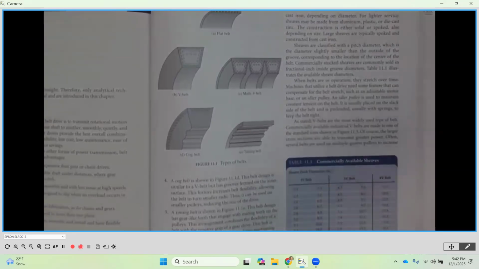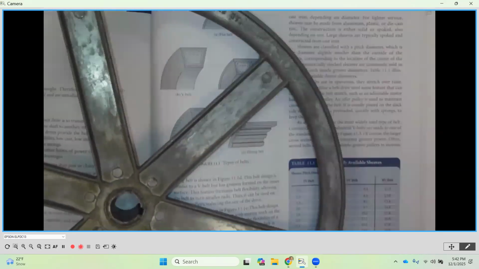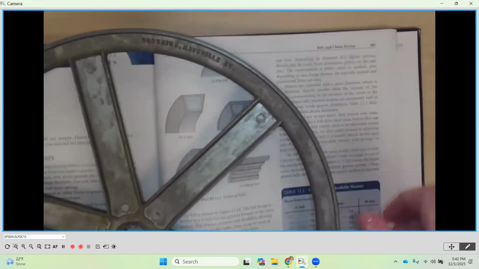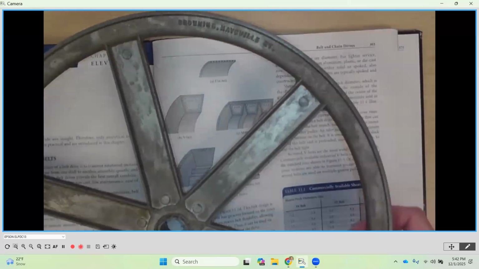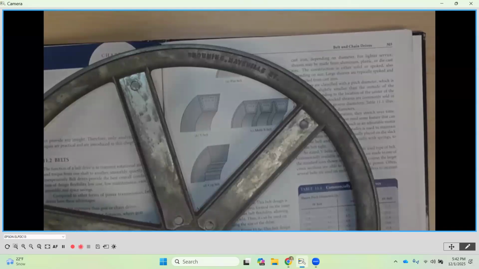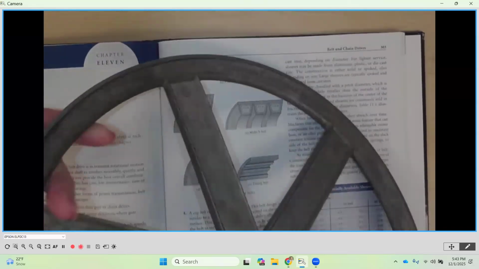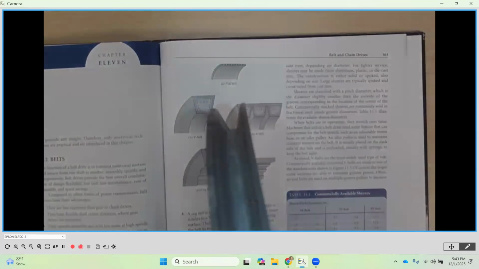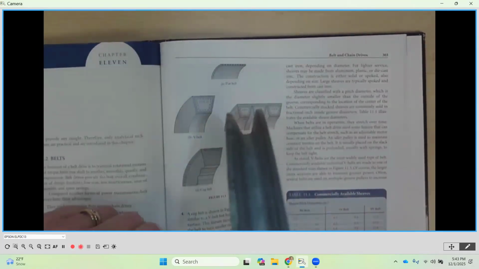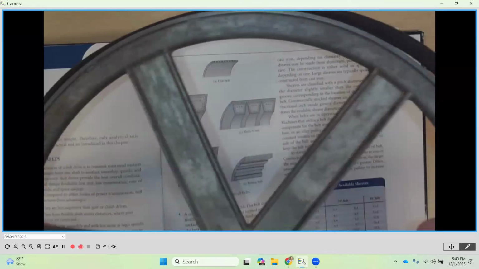So kind of that first basic one, here a little bit higher. This is a sheave, and a sheave is what the belt actually fits over the top of. So you're going to notice that, hope you can see it, there is a V cross section in here. And then our belt has that same cross section and fits right into the groove here.